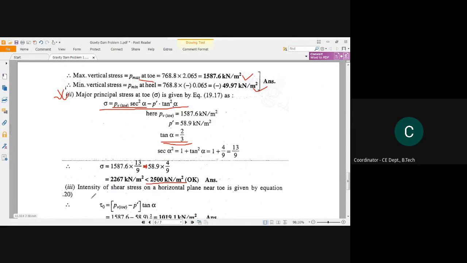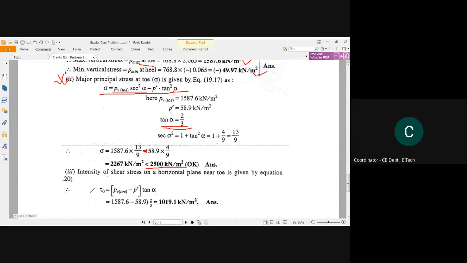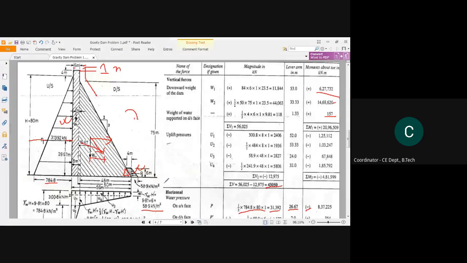Now we will calculate the intensity of shear stress on the horizontal plane near toe. Just look at this diagram. This structure rests over this foundation. Due to the horizontal pressure of water here and the horizontal pressure due to the tailwater, and all the vertical forces creating a moment, there can be instability from horizontal forces.